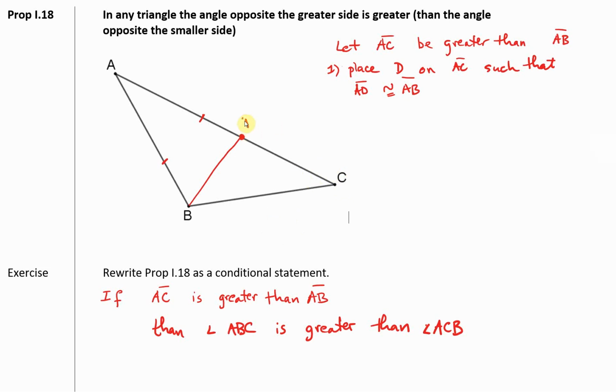Let's call this point here D. DAB is an isosceles triangle, so these base angles here have to be equal to each other. These two red arcs here have to be equal to each other.